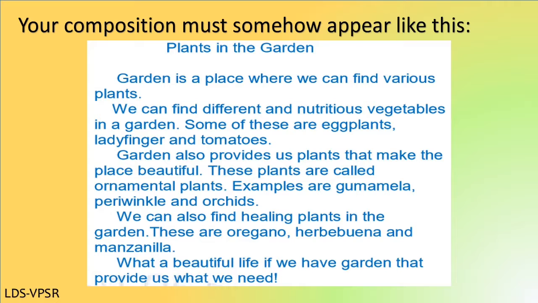These plants are called ornamental plants. Examples are gumamela, periwinkle, and orchids. We can also find healing plants in the garden. These are oregano, herbivena, and manzanilla. What a beautiful life if we have a garden that provides us what we need.